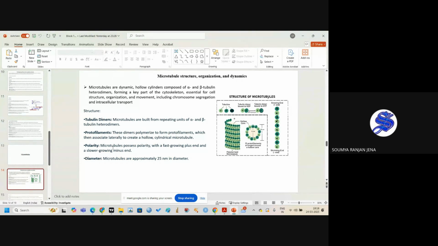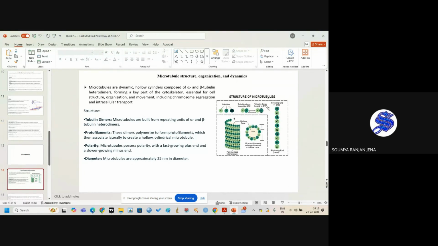If we go to the polarity, actin filaments also have polarity, a plus end and a minus end. Here also, in the microtubular structure, you can find one plus end and another minus end. This plus and minus polarity is required for polymerization and depolymerization of these microtubules.